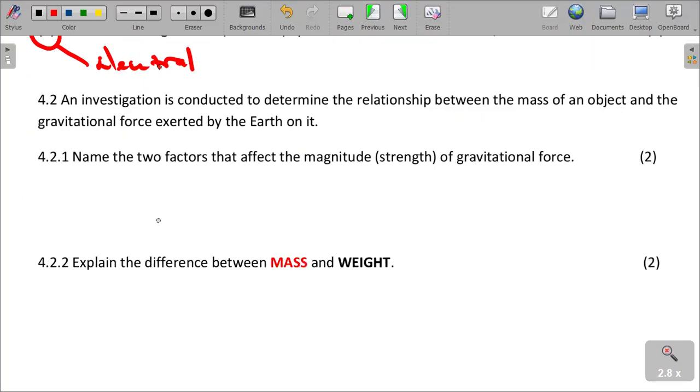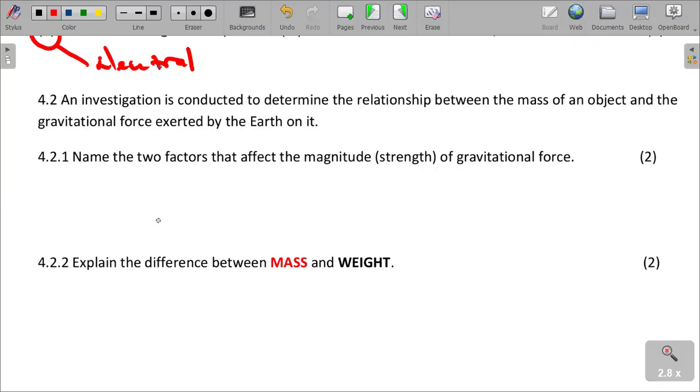An investigation is conducted to determine the relationship between the mass of an object and the gravitational force exerted by the Earth on it. I'm sure we have demonstrated this also. I remember the time I was in class in your grades, we had such demonstrations where we show experimental ways of learning in order to show the reality of things.